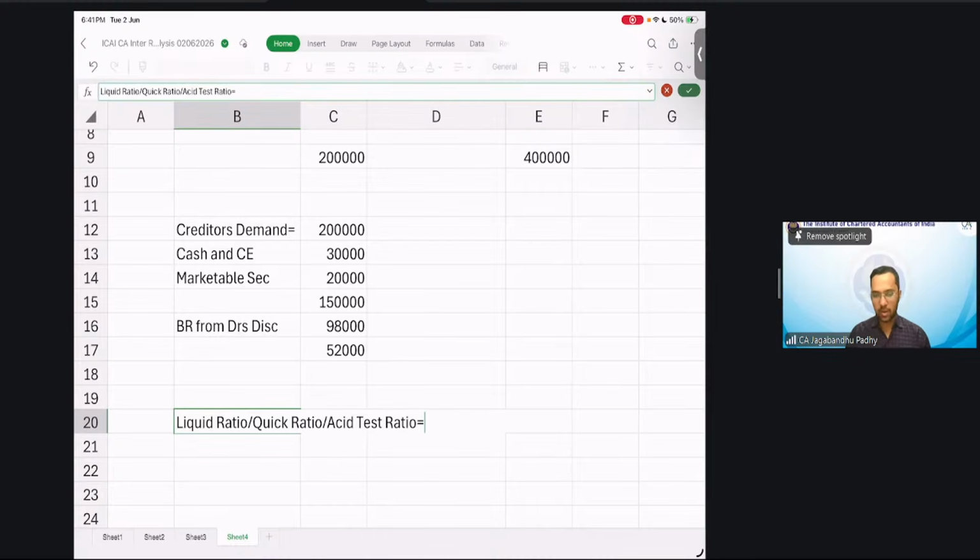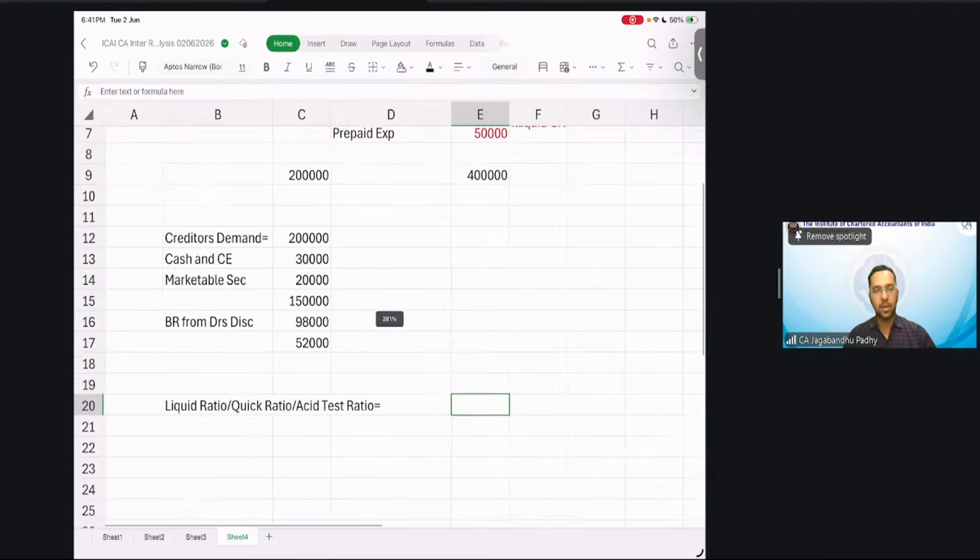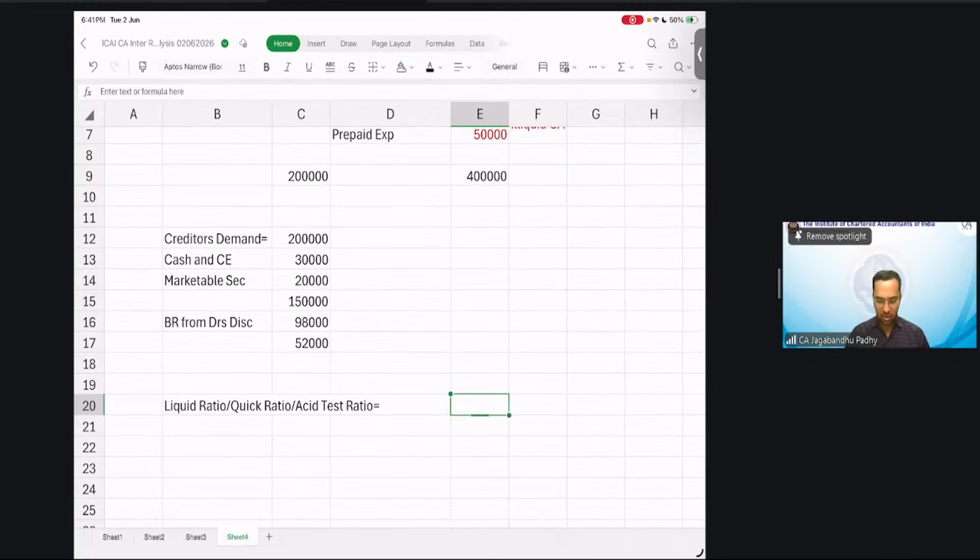Liquid ratio, quick ratio, or acid test ratio. That is going to be a revision to our current ratio. So in current ratio, we simply took current assets upon current liabilities, but we realized that current assets has certain illiquid current assets. We need to remove them from the numerator. So they are going to be removed from current assets: stock and prepaid expense.